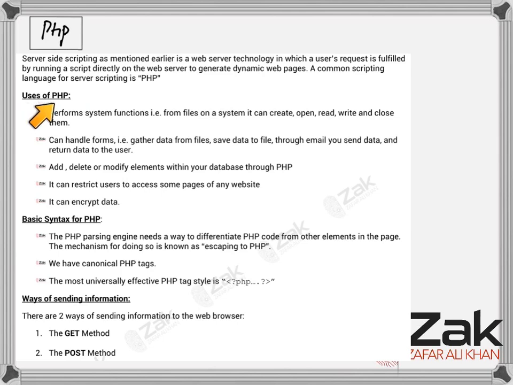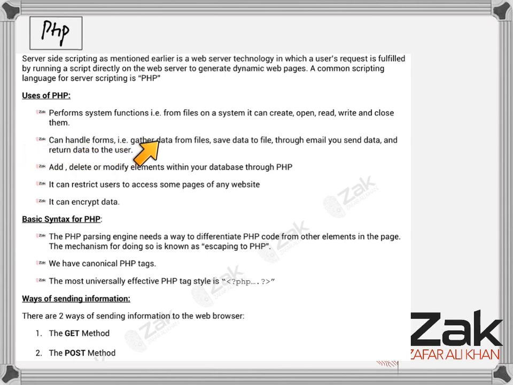Uses of PHP. It performs system functions, that is, from files on a system it can create, open, read, write and close them. Remember, it is all happening in the background on the back end over the web server, and it is not obvious to the user. So whatever data is fetched from the server is shown through the scripts on the browser.